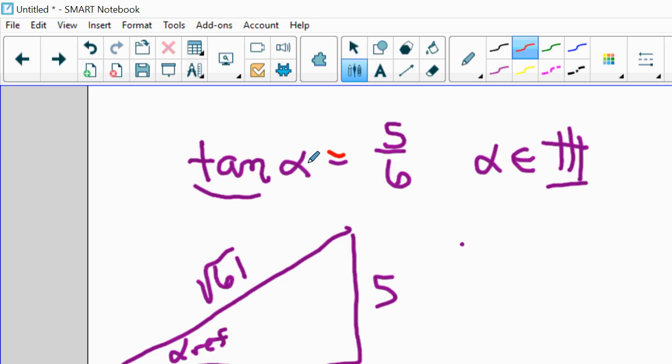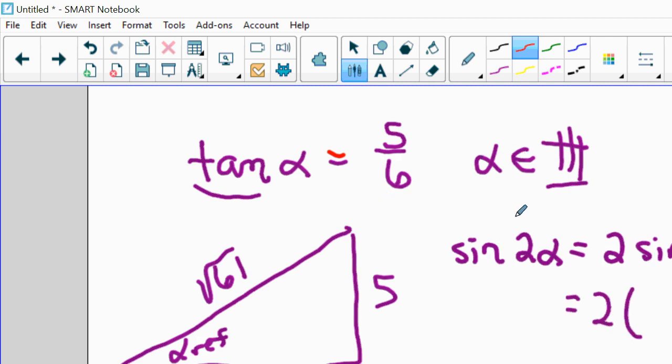But of course, they're going to ask you for sine 2 alpha, which is 2 sine alpha cosine alpha. Since it's a reference triangle, instead of actually drawing the triangle in the third quadrant, you got to understand in the third, sine is negative, and cosine is also negative.